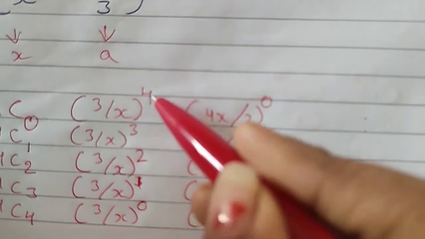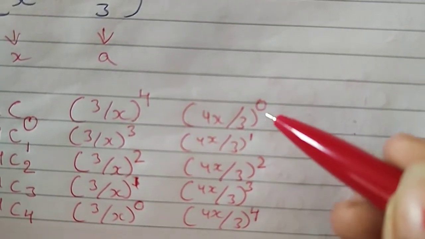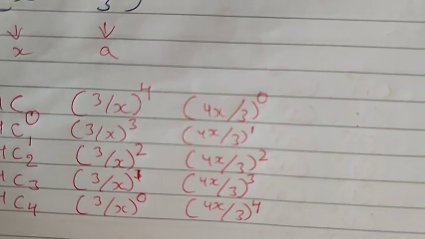Here it will be in decreasing order 4, 3, 2, 1, 0, and here it will be in increasing order 0, 1, 2, 3 and 4.